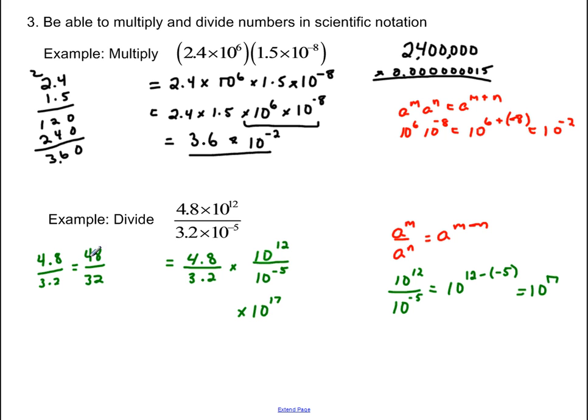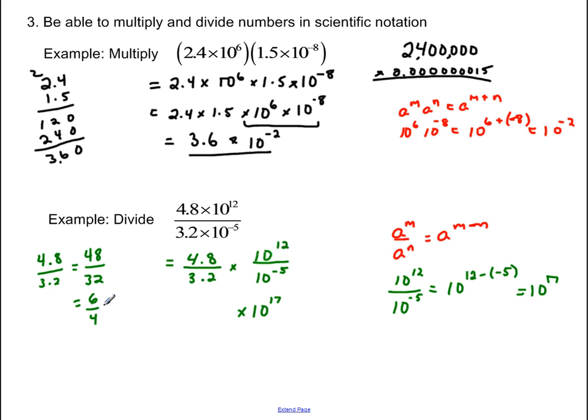And this fraction actually shares some common factors. Can you see it? Yeah, I see it too. They're both, let's see, the top one is definitely divisible by 8, isn't it? 48 divided by 8, what do you get? That's right, 6. And of course, 32 divided by 8 is 4.